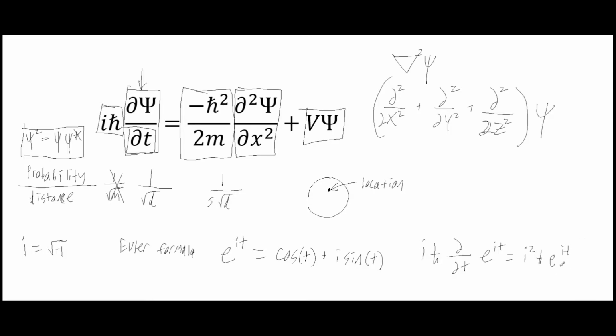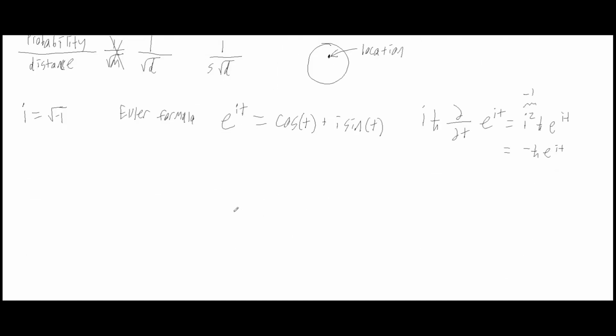The derivative of e to the x with respect to x is just e to the x. And we know that i squared is just -1, so that is just negative h bar e to the i t here. And so we know that this i is just giving us solutions that will be waves here, and that is an important thing, which I will discuss in a little bit.